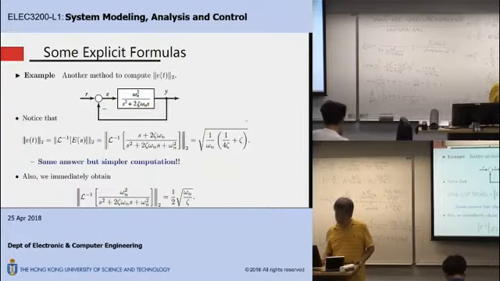Another important topic is this overshoot issue. Sometimes when you control a system, if you use one degree of freedom control, you always get overshoot.